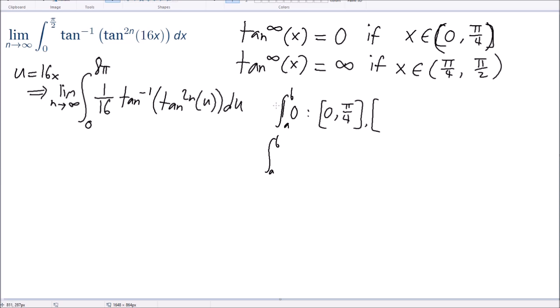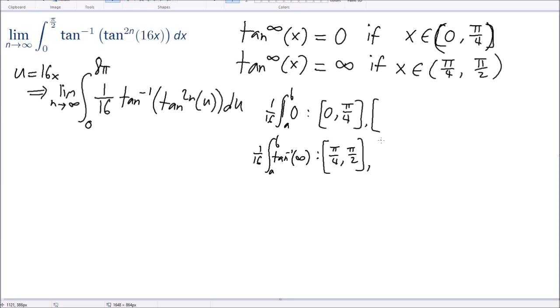So this would be, let me put 1/16 here, 1/16 here. So this would be 0. This would be inverse tangent of infinity. Okay, because the n is inside here, 2n. Then it would equal this if it's pi over 4 to pi over 2.